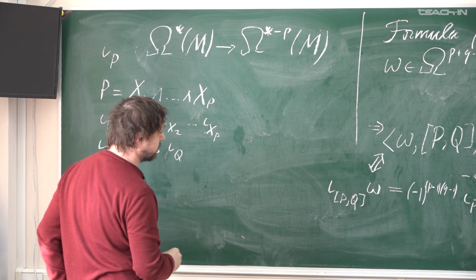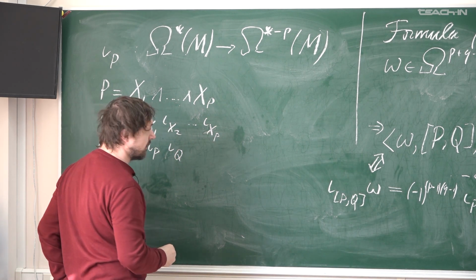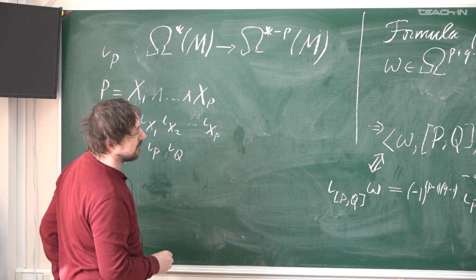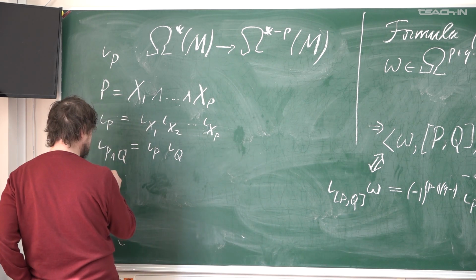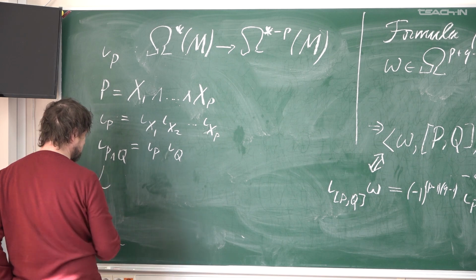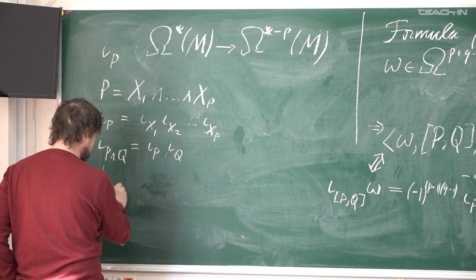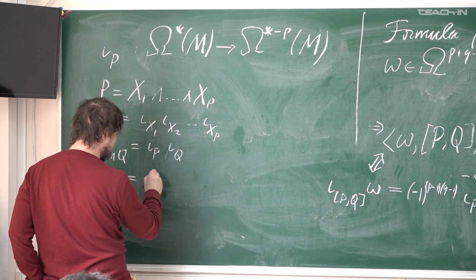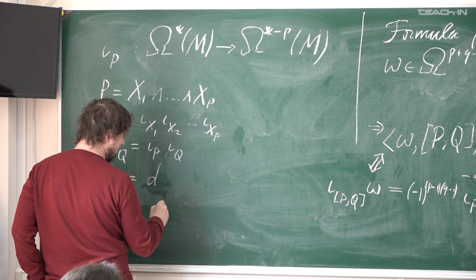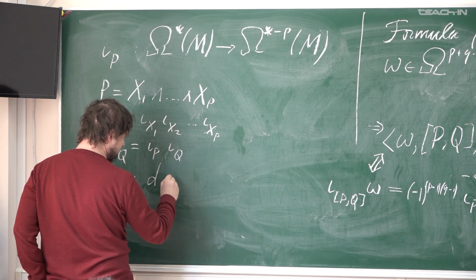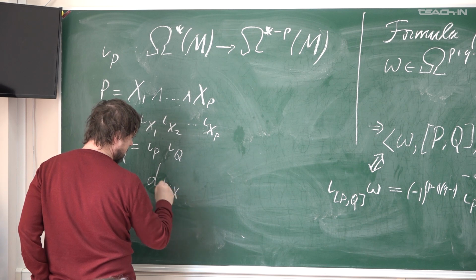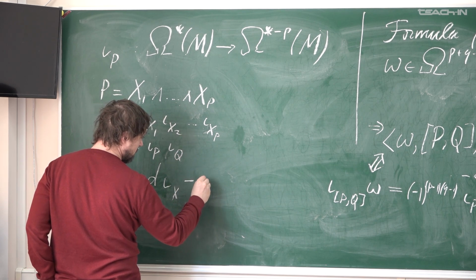We also have something which is similar to Cartan's magic formula. You remember Cartan's magic formula says that the Lie derivative with respect to the vector field x is equal to the commutator of the differential and contraction with x.